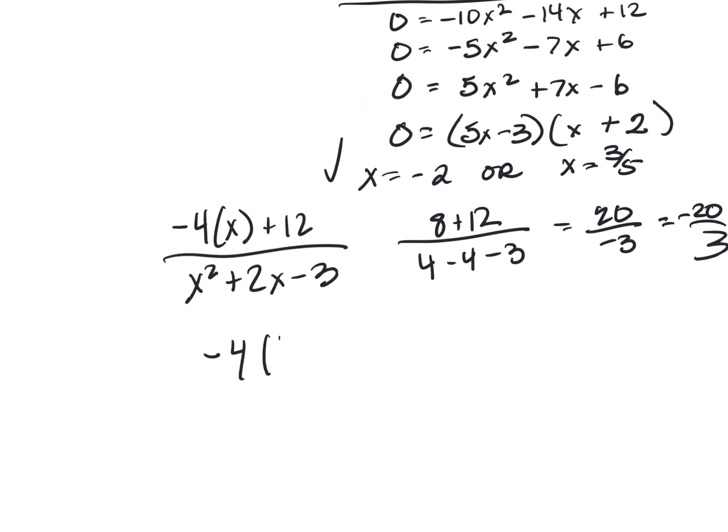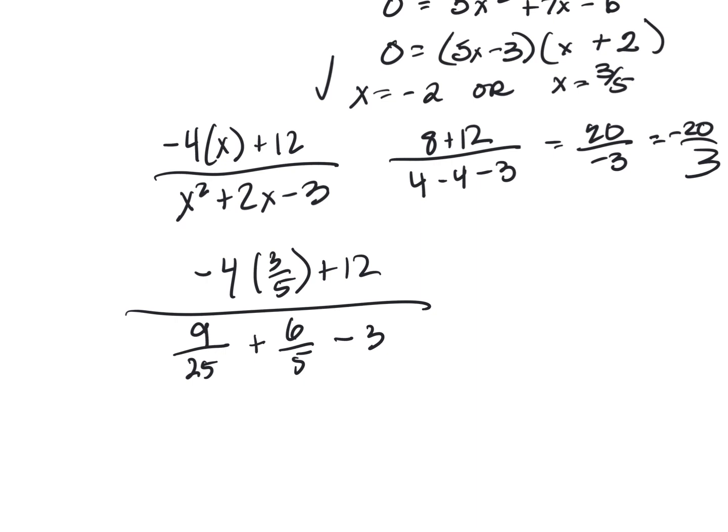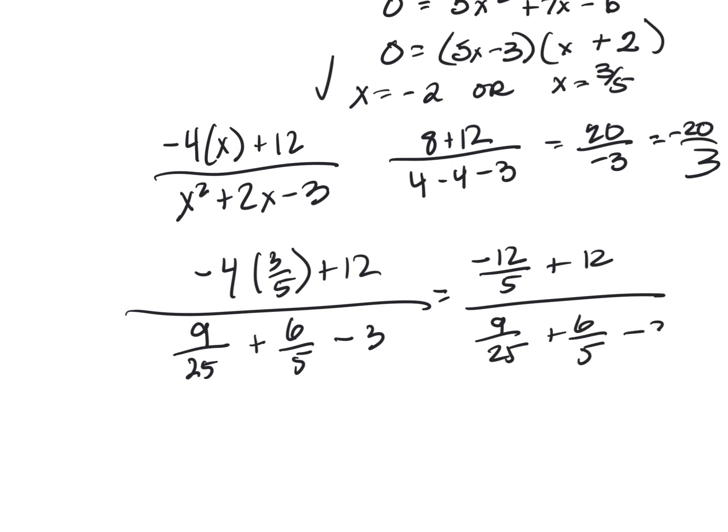I get negative 4 times 3/5 plus 12 over 9/25 plus 6/5 minus 3. Okay, let's multiply a couple things out. So this is negative 12/5 plus 12 over 9/25 plus 6/5 minus 3.